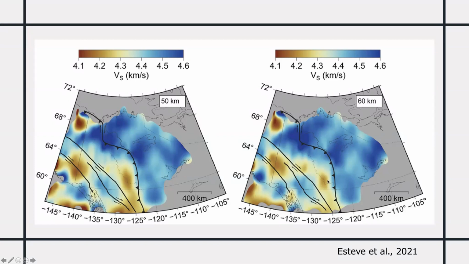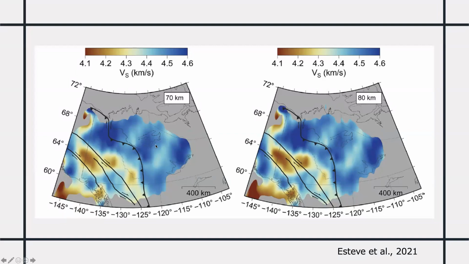But again, a low velocity under the Mackenzie Mountains, and then low velocity to the west of the Mackenzie Mountains, and then a high velocity feature basically south of the Mackenzie Mountains. Again, this is in the lithospheric mantle, maybe even in the asthenosphere. And what we're seeing is a complex lithosphere with dramatic velocity variations, which probably correspond to temperature variations.